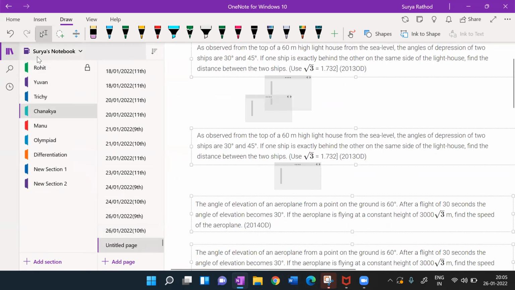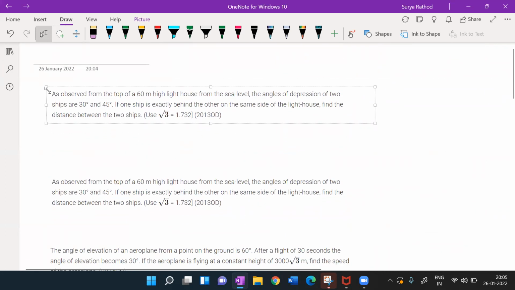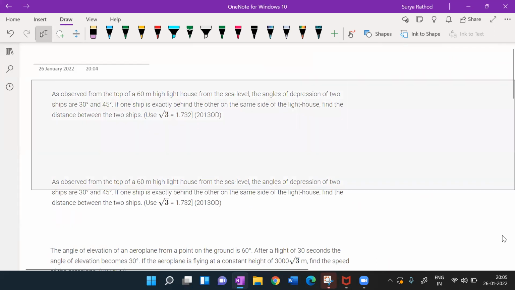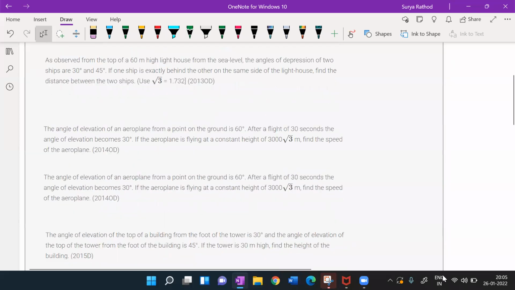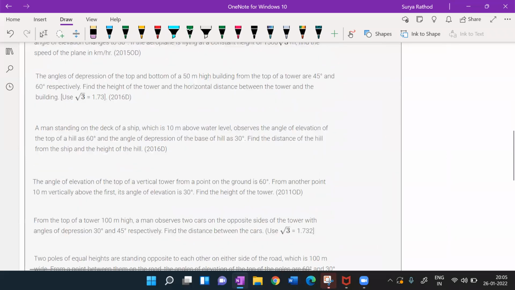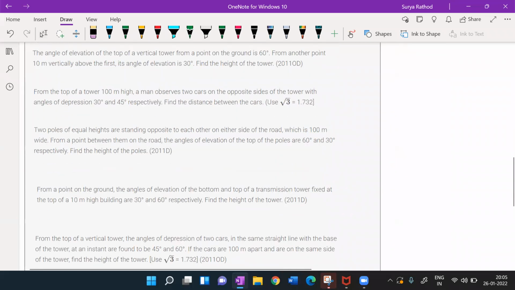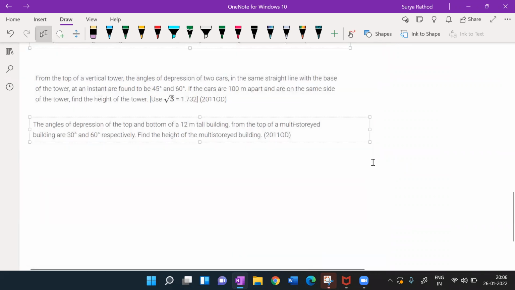One second, guys. For giving space, it will be problematic. That's why I'm just doing this. Sir, I got the answer for the second one. Oh, you got it. Everyone?